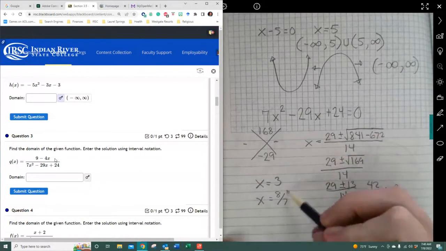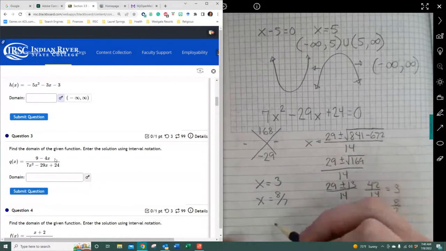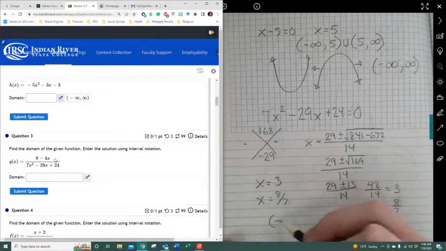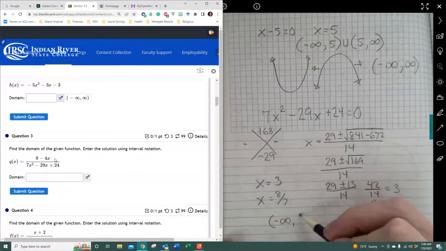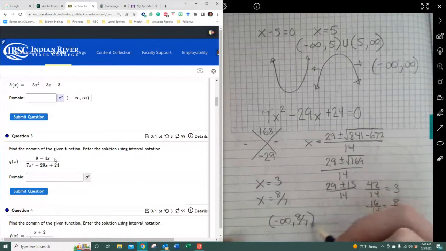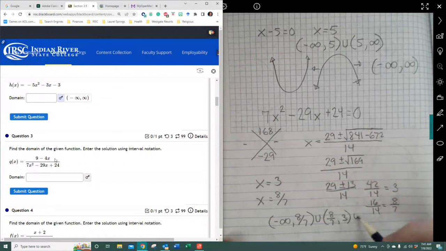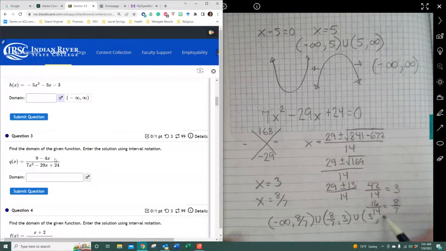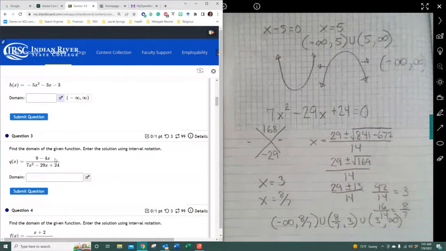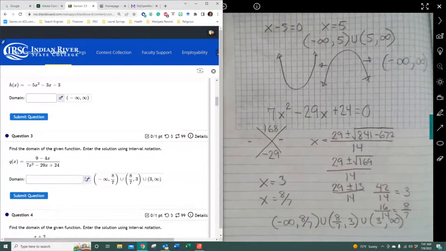So this is like 1 and 1/7. So we're looking at from negative infinity all the way up to 8/7, and it's going to jump over that value and go up to 3 and pick up from 3 onto infinity. That's the answer we're looking for.